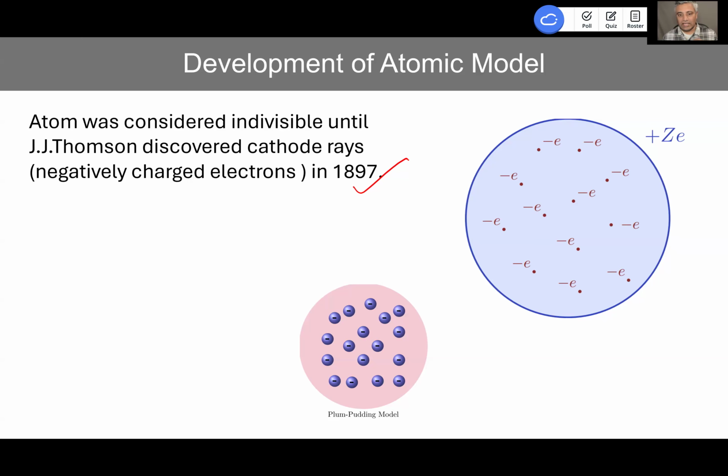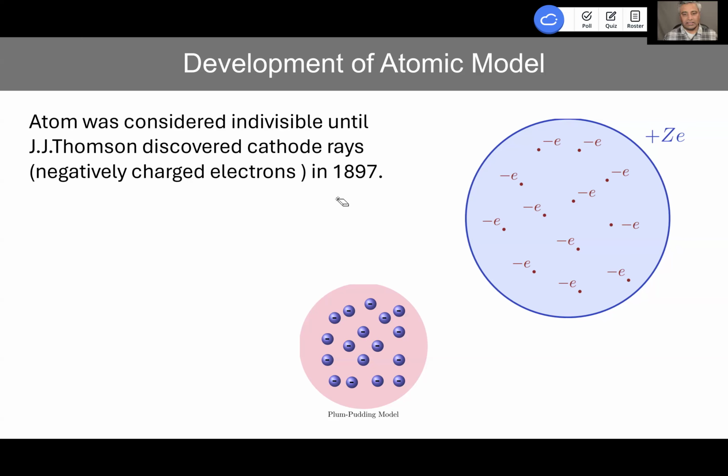Now these electrons are coming out, so that means it's not unbreakable anymore. That means, okay, how is the atom made? That curiosity went into the development of atomic physics.